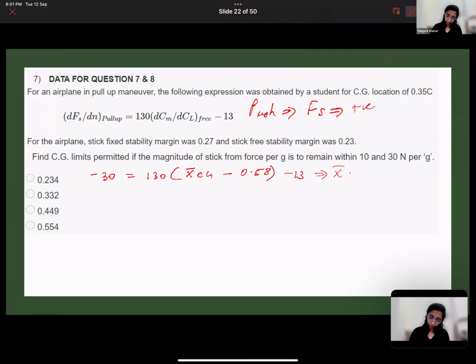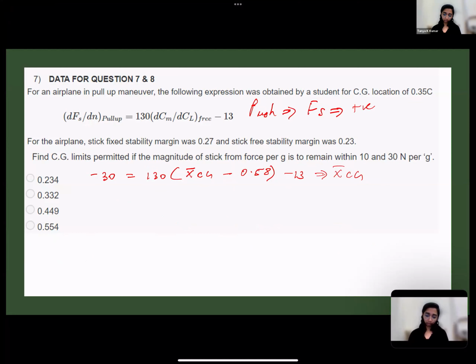So in this case, what is your X bar CG? Let's do the calculation again.